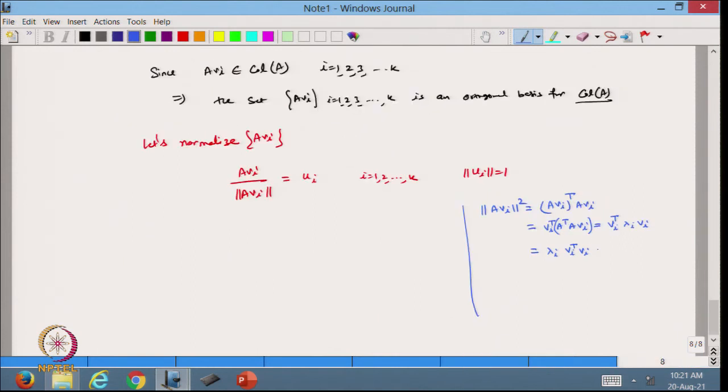So, from here I can say that this will be equal to lambda i, because Vi transpose Vi is 1.